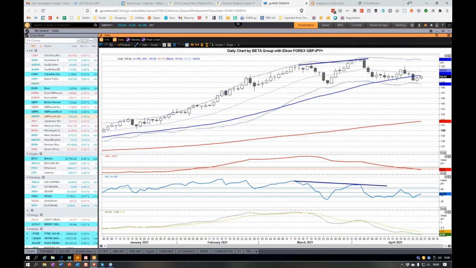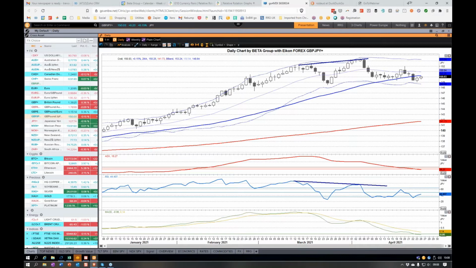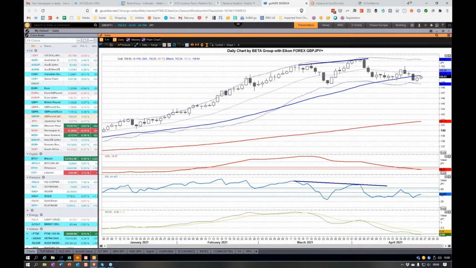We were warned about this toppy action through the bearish divergence, high, higher high, high, lower high here, and the bearish divergence is still intact here. We've still got this lower high pattern, so I'm going to extend this to the right. It's breaking that, which would indicate that the pressure is off.